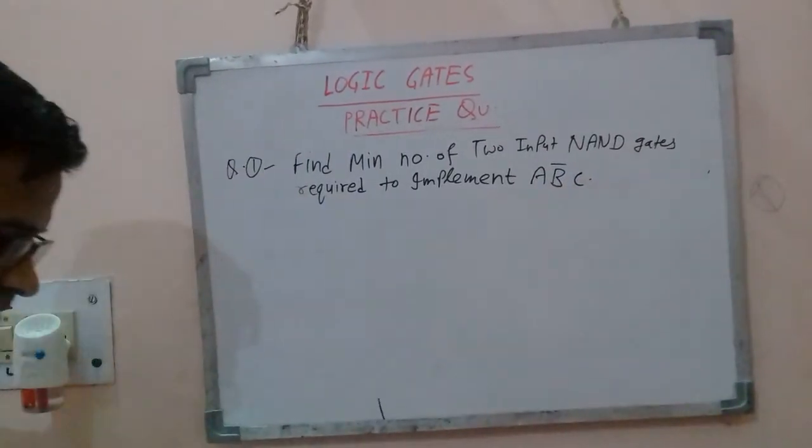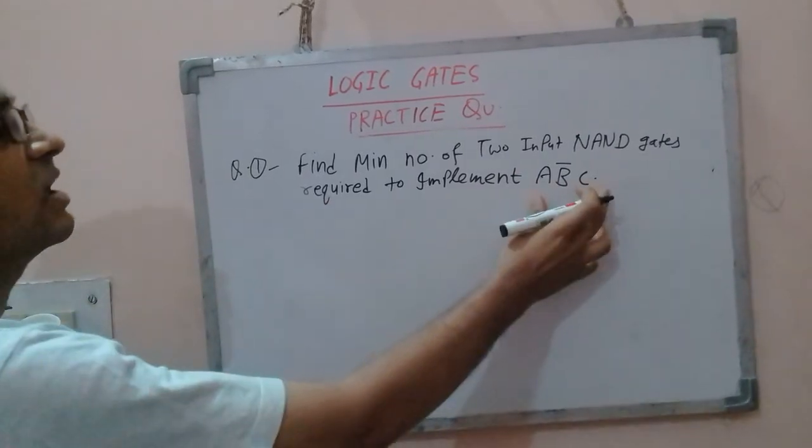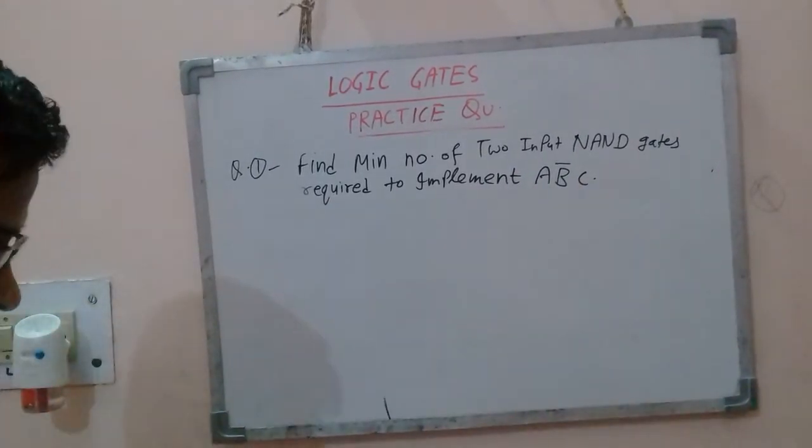This is the question. So that means how many minimum number of NAND gates are required to implement this function A, B bar, C, right? So let us solve this.